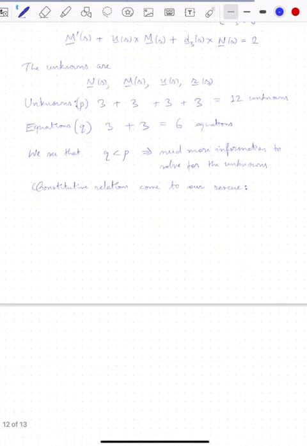So we use what we call the linear elastic models, Hooke's law.